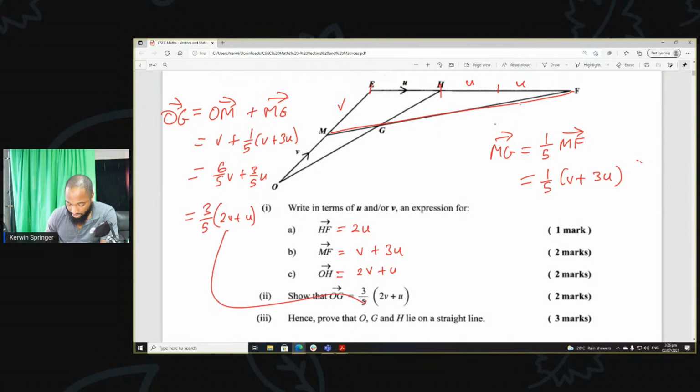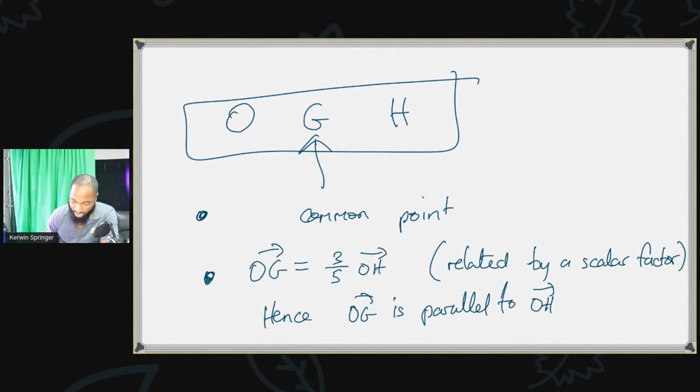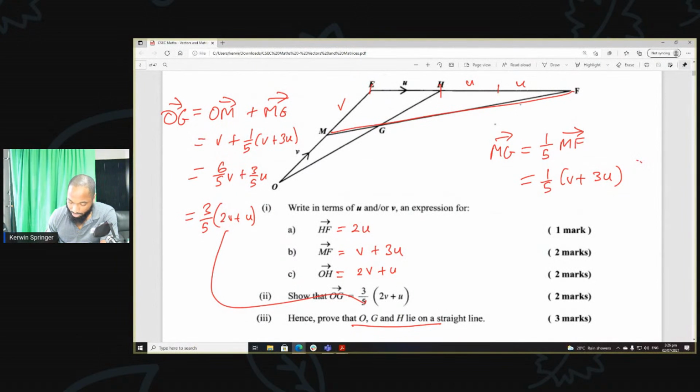And this is that. To prove that the line is a straight line, they share a common point, G. So the vectors OG and GH share a common point, which means they at least pass through each other. And OG is parallel to GH because this is a scalar factor of that.